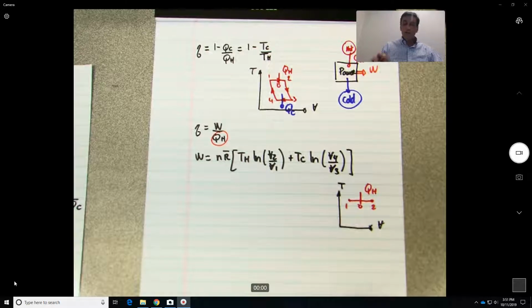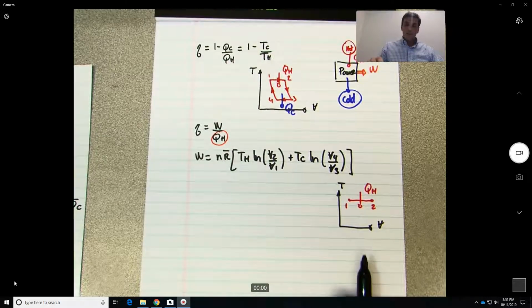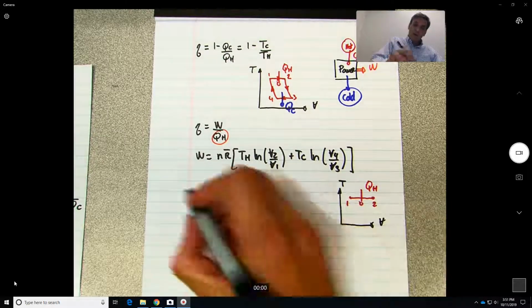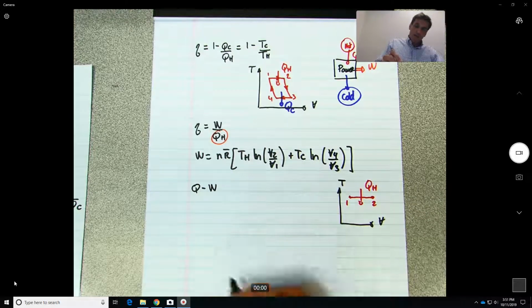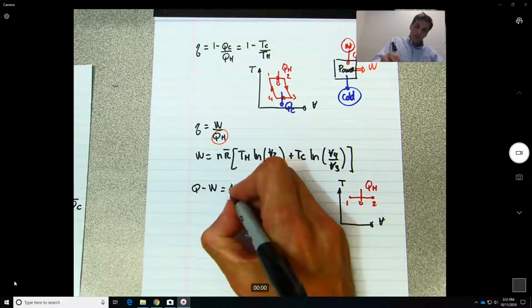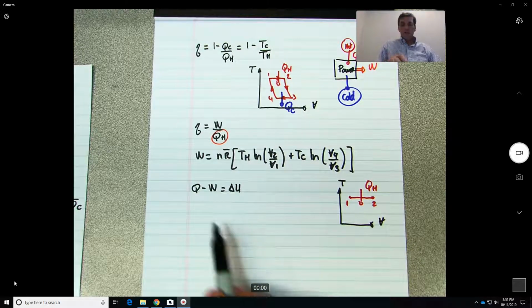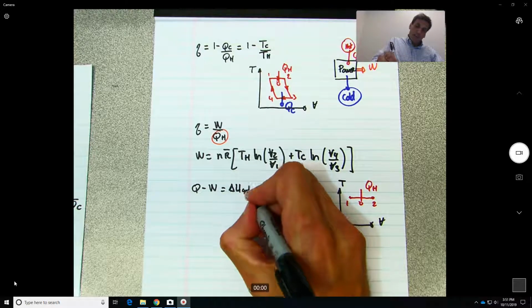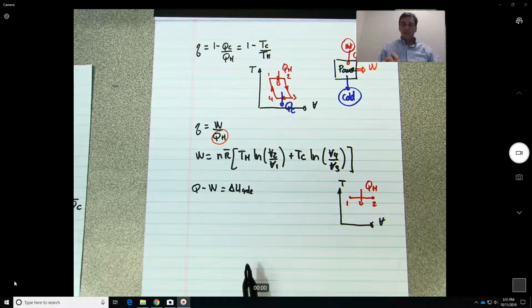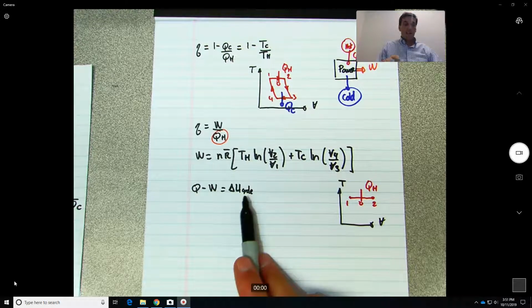Over here, I'm going to do a simple derivation of this, but basically for a cycle, the first law of thermodynamics is what? Q minus W equal to the change in internal energy. This is if we neglect kinetic and potential energy.